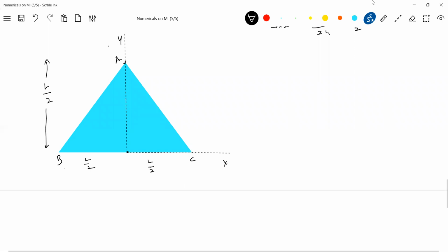Yes, it will be. Now this particular triangle, shall I say it's a 1/4 of the plate?